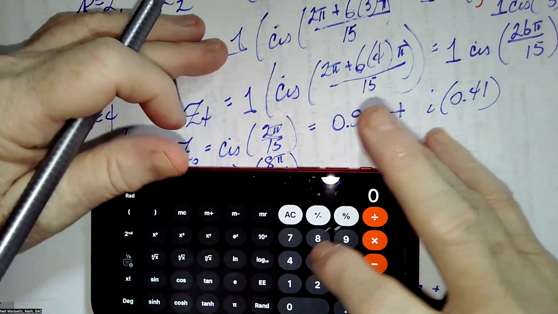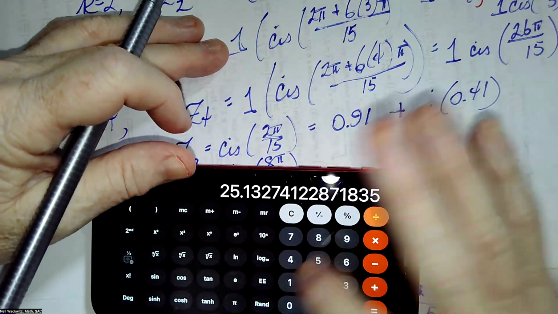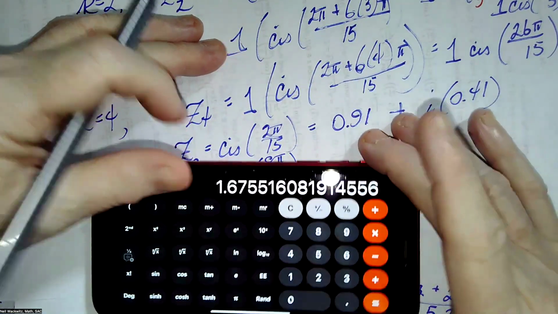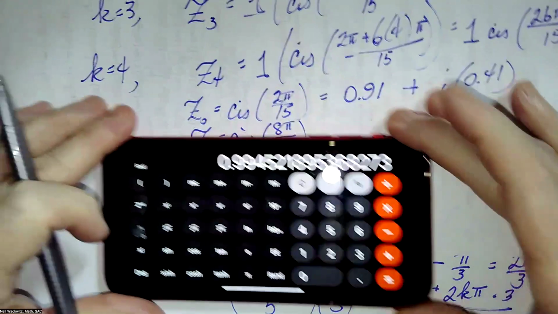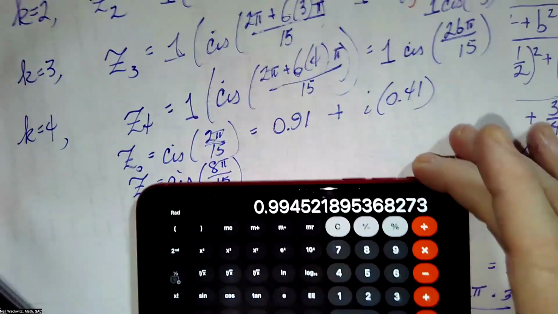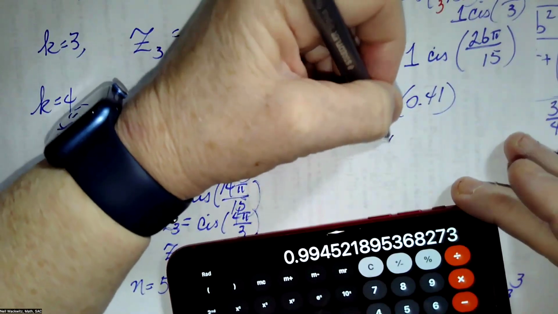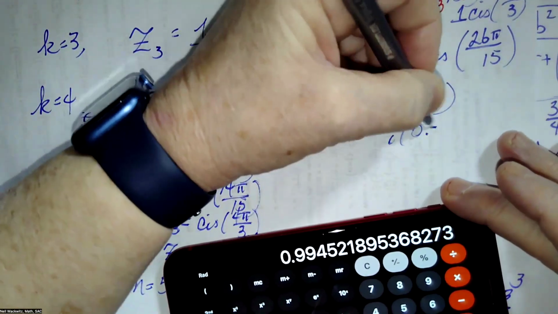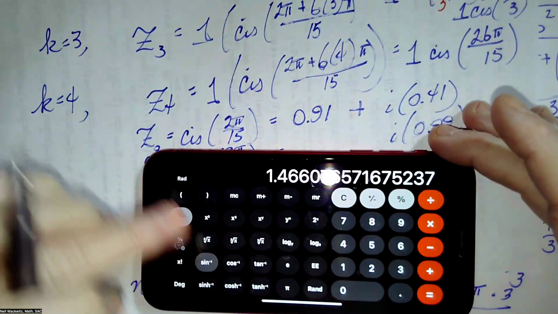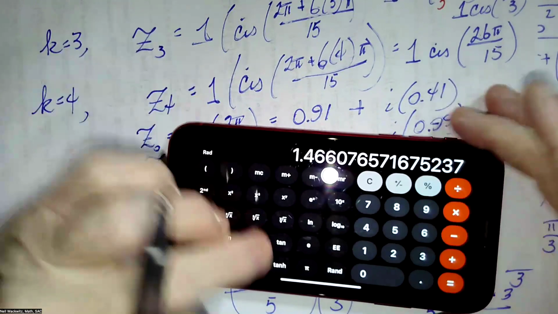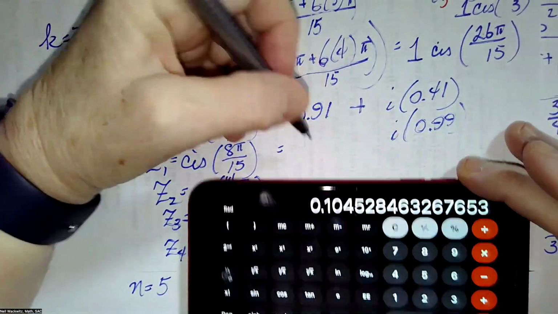It's in radians. Okay, times pi divided by 15 equals, we get that the sine is 0.99 and that the cosine is 0.10.